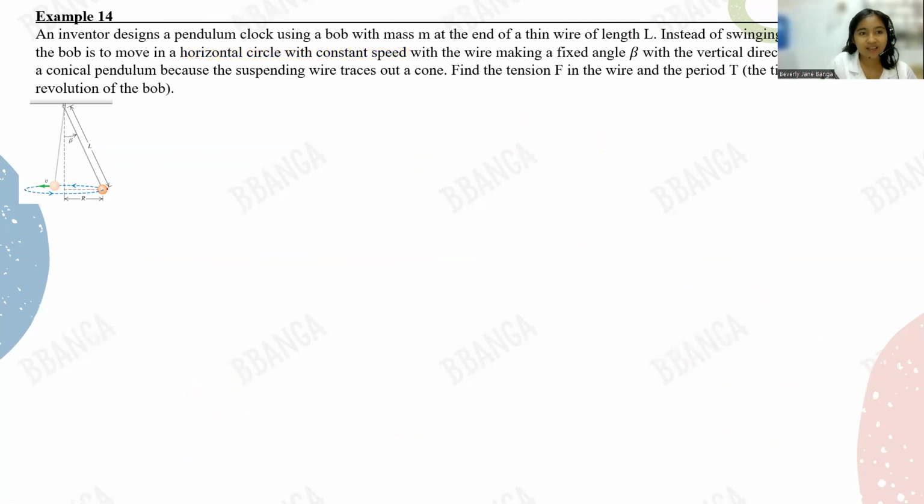Ulit. So, nag-FBD ako ng BAM. And then, ang FBD ko ay meron ako ng weight, meron ako ng tension force, and alam ko na yung A-rad ko ay directed sa center, no? So, sabi din natin kanina na si F natin ay meron siyang Fx at meron siyang Fy. Okay? And then ito ay beta.